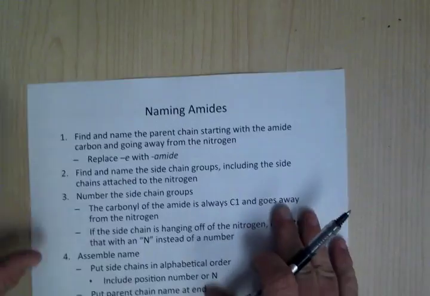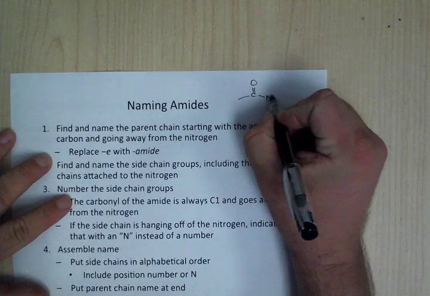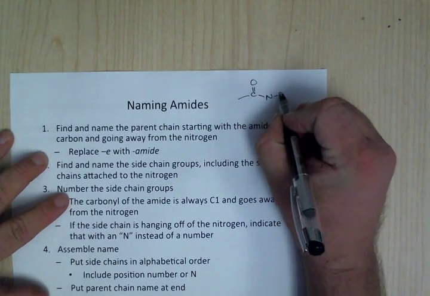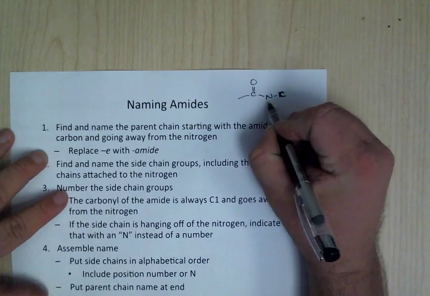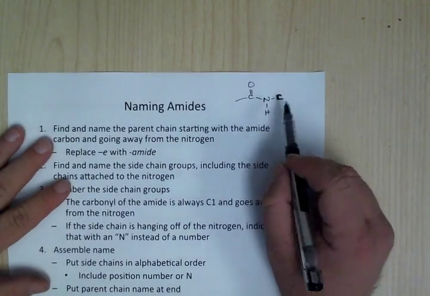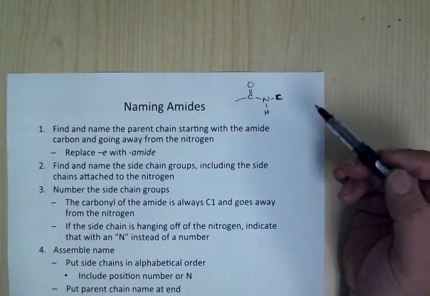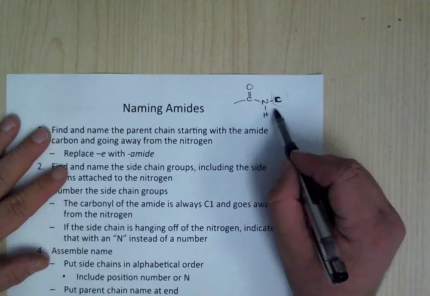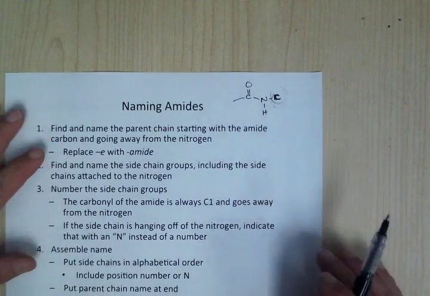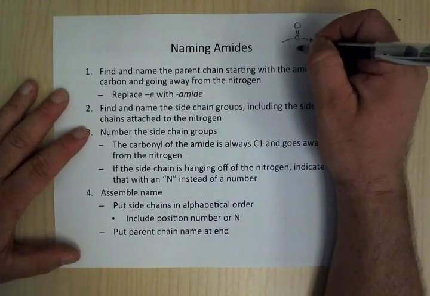Okay, so amides aren't too bad. Here you're going to have some sort of nitrogen, and maybe a carbon group and maybe a hydrogen. You may have 2 hydrogens, you may have 2 carbon groups. It doesn't matter. We don't have to name the hydrogens because those are assumed to be there. But we are going to have to name any other group hanging off of here.